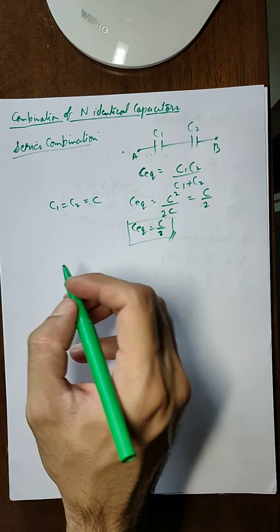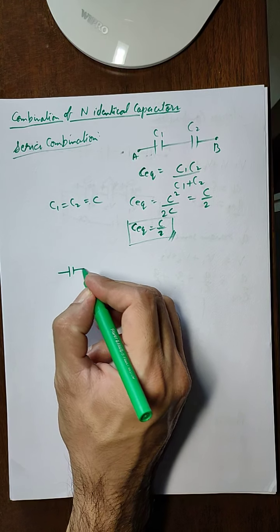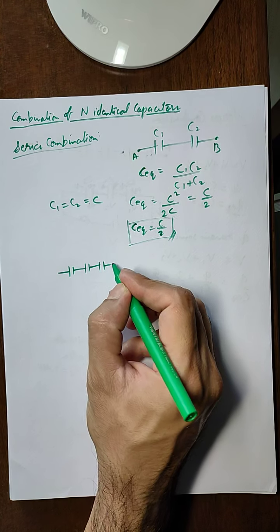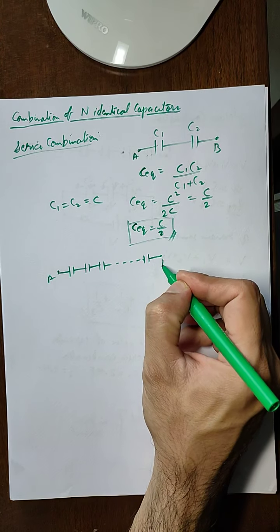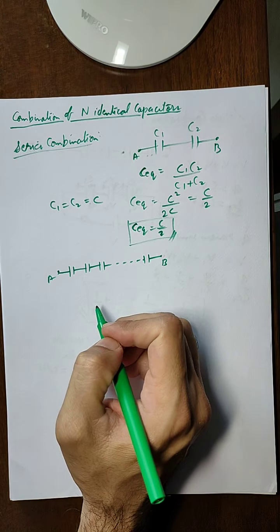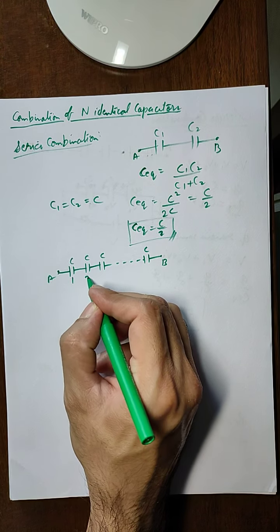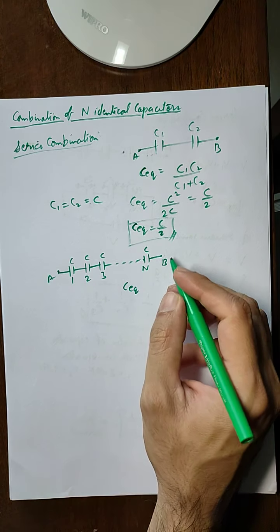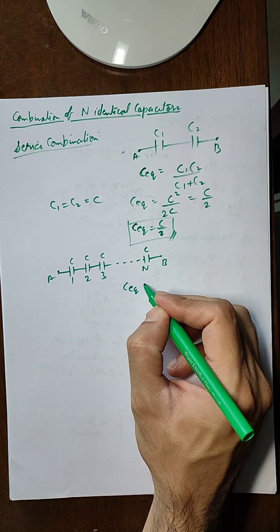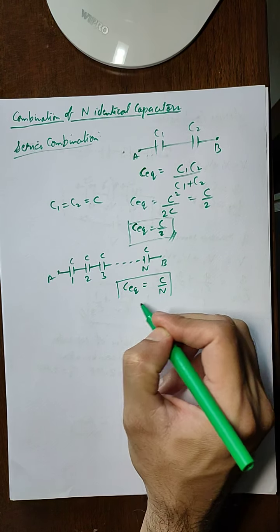So by using the same steps, if we say that we have n number of capacitors connected between two terminals A and B, each of them identical, each having capacitance C, and there are n capacitors, then the equivalent capacitance of this circuit will be equal to C by n.